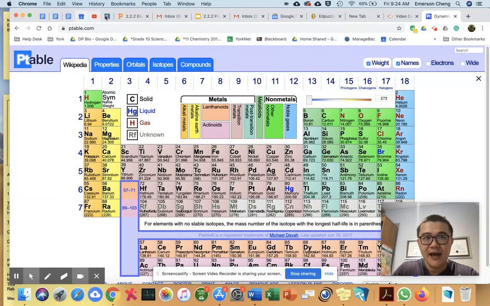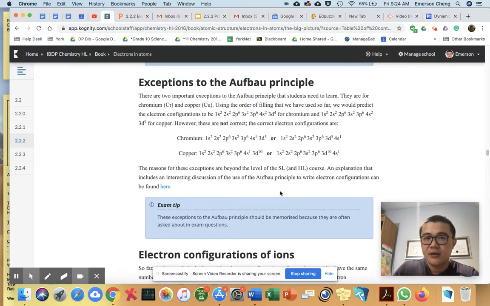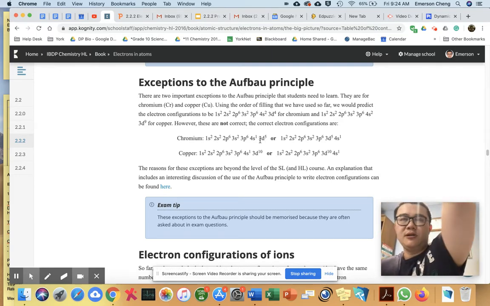That is because they would rather have stability, with more of the 3d shells being filled, than have that one shell half filled. You would rather have that. Yeah, because if you think about it, 3d, and this is the part where I'm going to plug in my document camera.